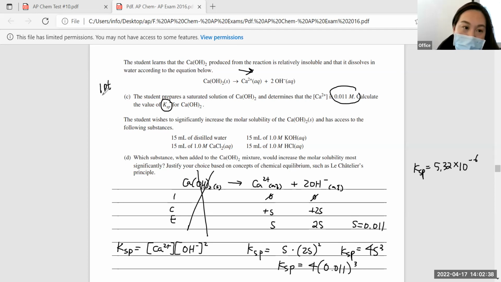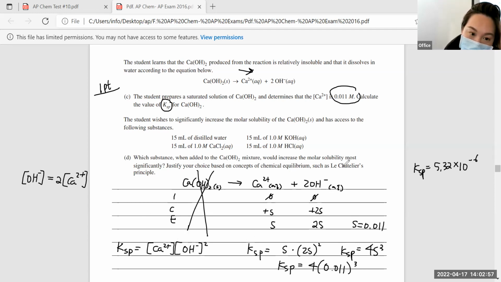Right? So this is a total of 2 points. 1 point for somehow recognizing that the concentration of OH minus is equal to twice the concentration of calcium 2 plus.